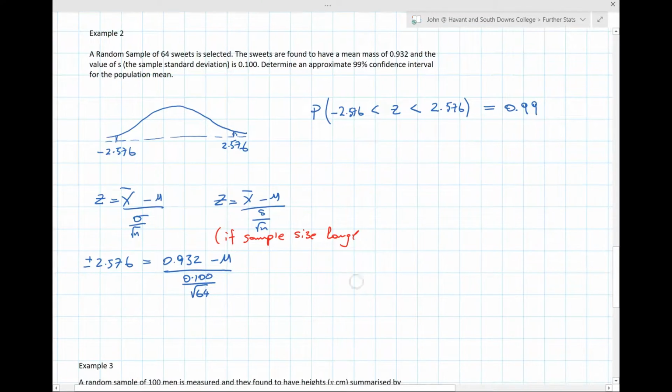And you can rearrange that and you'll get mu is equal to 0.932 plus or minus 0.100 over square root of 64 times 2.576.